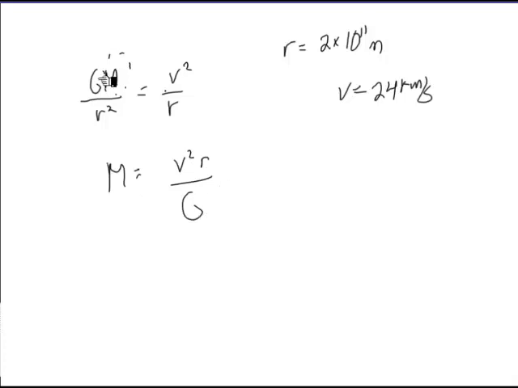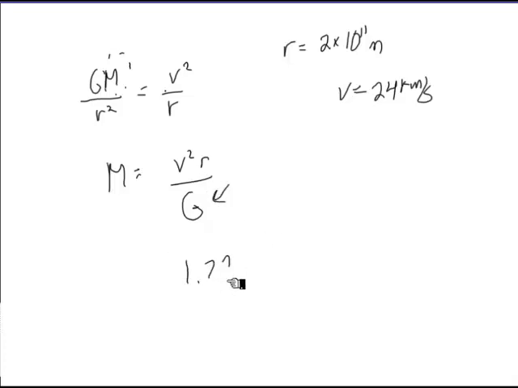So this is not a hard problem to solve for what big M is. I'll go ahead and do it for you if no one has already. So 1 times 10 to the 11th divided by 6.67 times 10 to the negative 11. I'll obviously give you the value of G on the test as well.